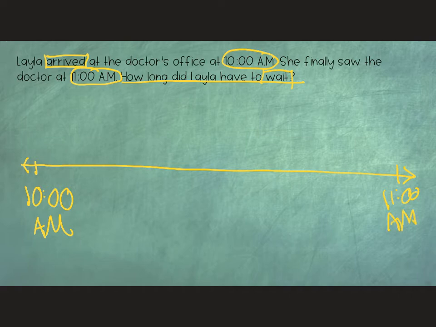Okay? And this one's also nice and easy because both of the times end in 0. So that means that we moved full hours, right? We didn't move some minutes. We moved 1 full hour to be exact, right? Because 10 plus 1 equals 11. And that's what time we ended at. So it was 1 hour that she had to wait.